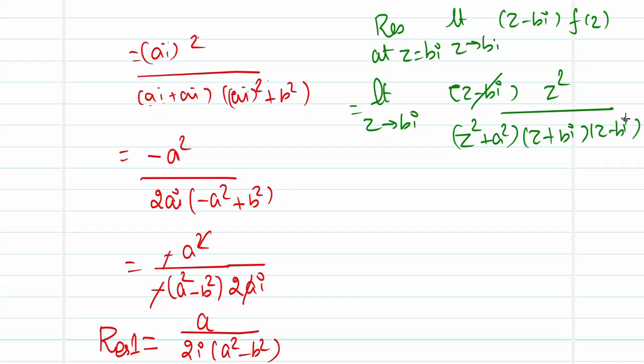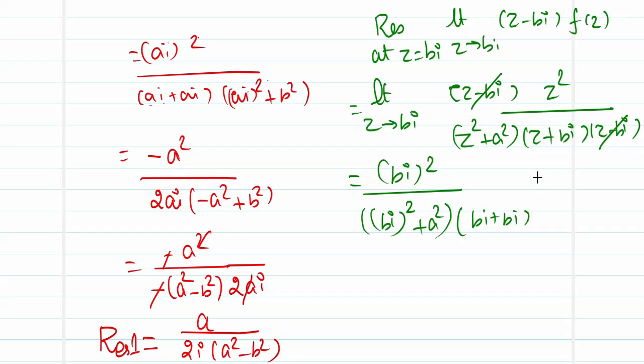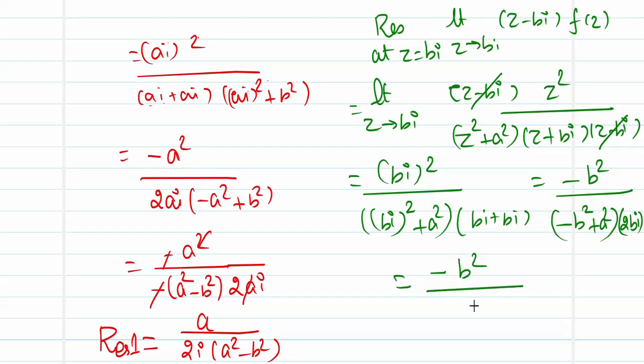Now this can be cancelled off. Applying the limit we have bi the whole square by (bi the whole square plus a square), and this is (bi plus bi). So this makes it as minus b square divided by (minus b square plus a square), and this makes it as 2bi. So let me make this as minus b square divided by 2bi into (a square minus b square).